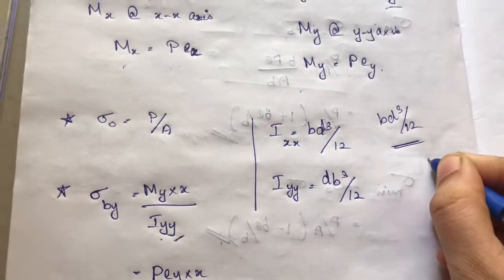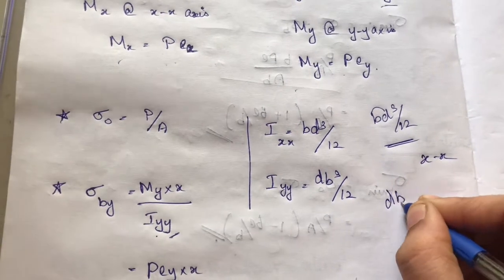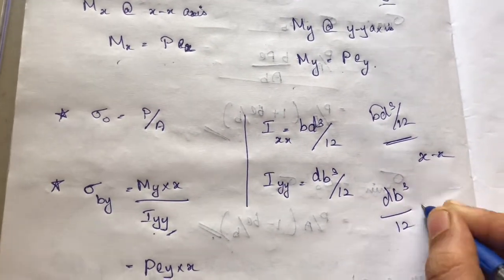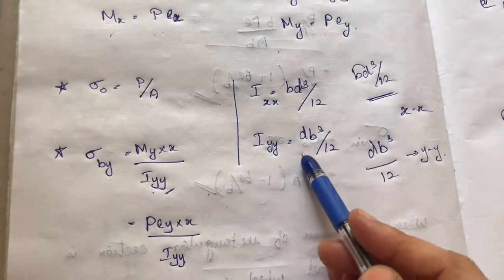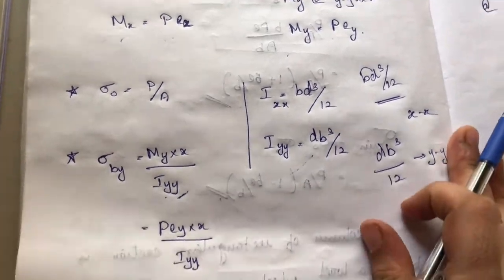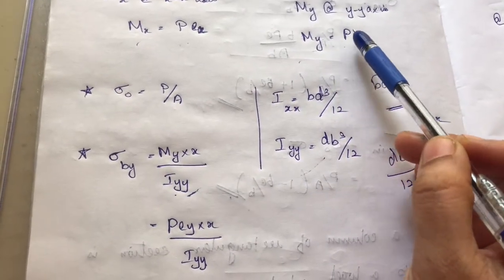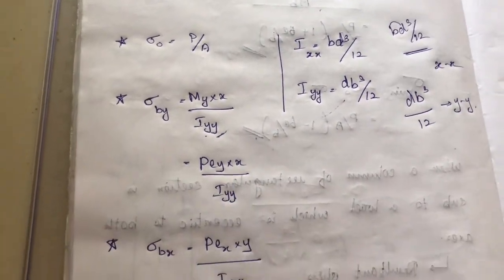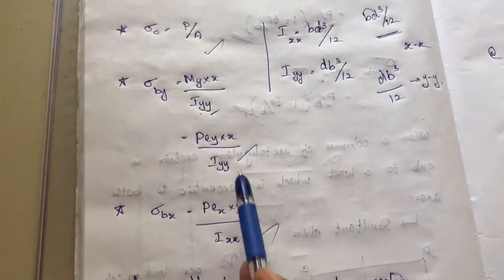This is for the XX axis. But just reverse it, DB cubed by 12. It will be for the YY axis. Okay, so just substitute this here. So what is MY here? MY is nothing but load into distance. Just substitute it and you will get the three formulas. 1, 2, 3. Right.